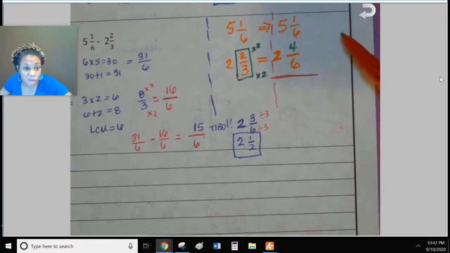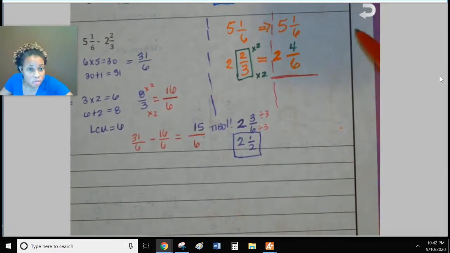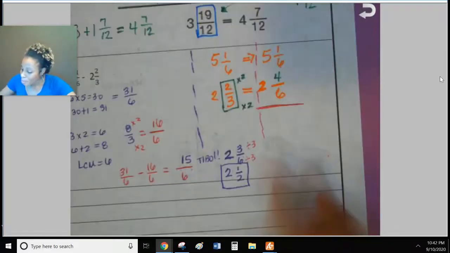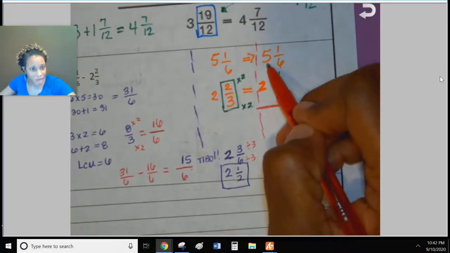I can't subtract 4 from 1. So, what do I do? You're going to borrow, just like you would borrow in any other problem. I'm going to borrow from the 5.